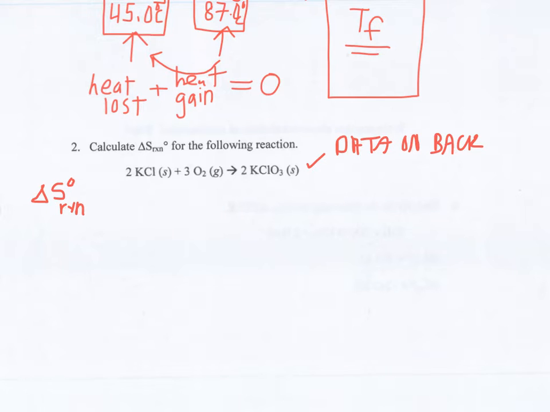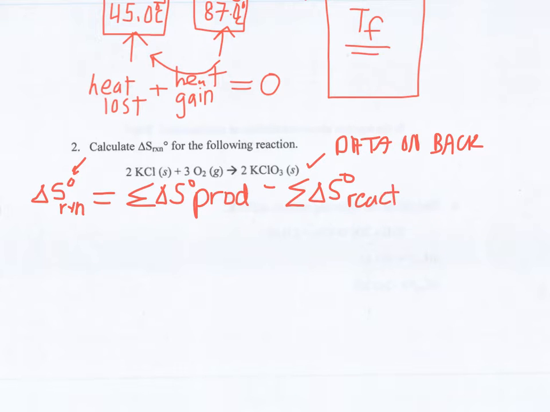Again, S stands for entropy. The little naught sign means standard, and RXN means for this reaction. So again, it's going to be the summation of the entropy change for the products minus the summation of the entropy change for the reactants.